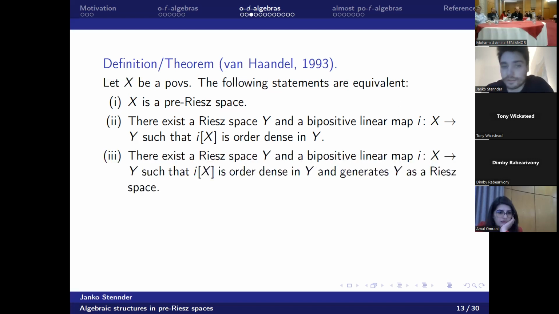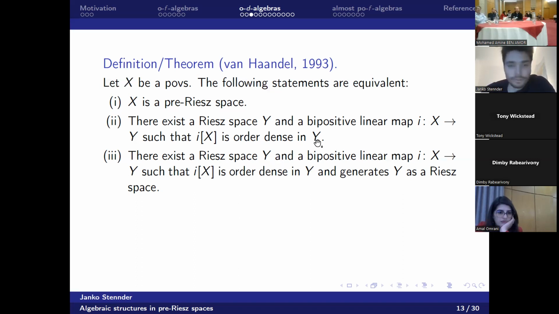And this is also equivalent to finding some Riesz space and a bipositive linear map such that the range is order dense, and the image generates Y as a Riesz space. So every element in Y can be written as a difference of finite suprema of elements from the image.